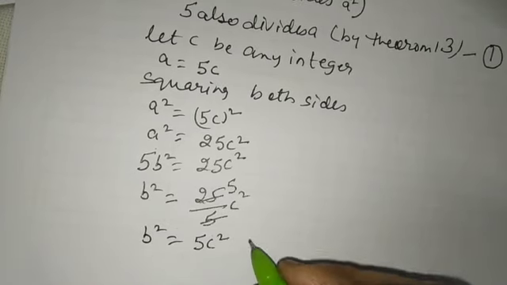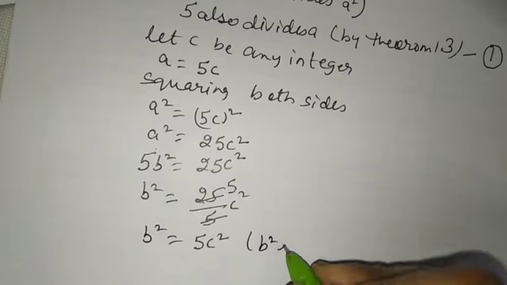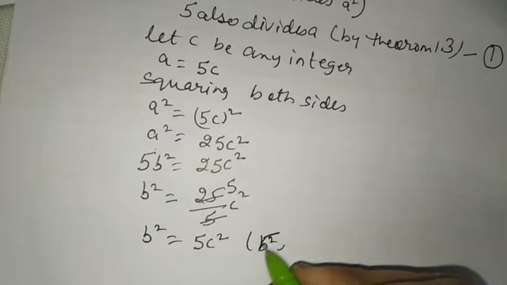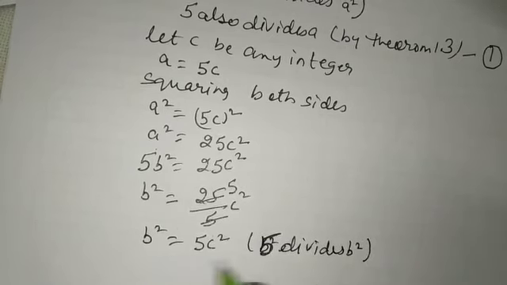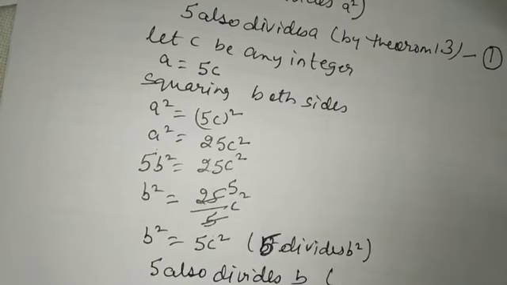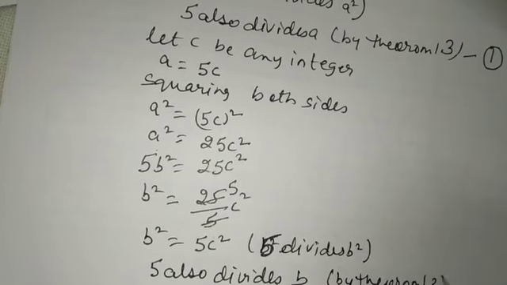So here we write 5 divides b square, b square is divisible by 5. So we can also say that 5 also divides b by our theorem 1.3 here.